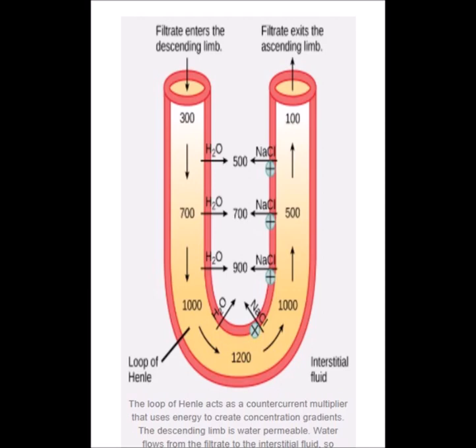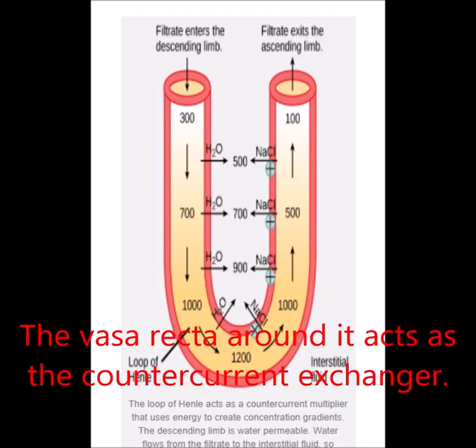The osmotic gradient increases as it moves deeper into the medulla because the two sides of the loop of Henle perform opposing functions. It acts as a countercurrent multiplier. The vasa recta around it acts as the countercurrent exchanger.